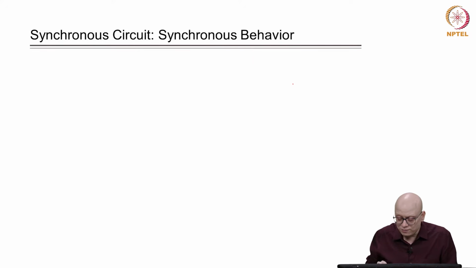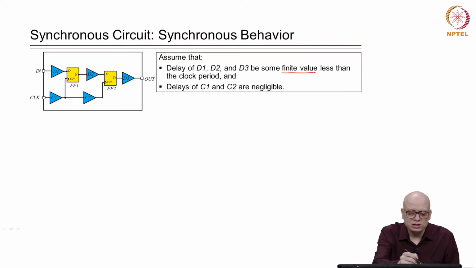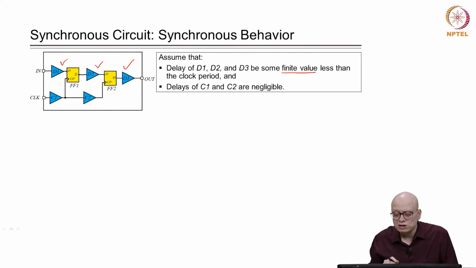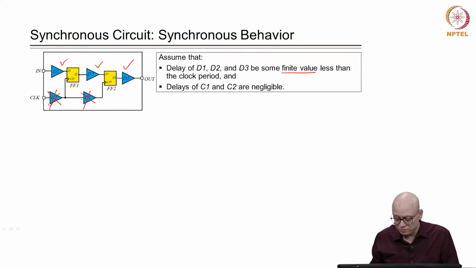So, let us take the first scenario in which the delays of D1, D2, D3 have some finite values, but less than 1 clock period. The delays of C1 and C2 are negligible, so we can remove them from the circuit.